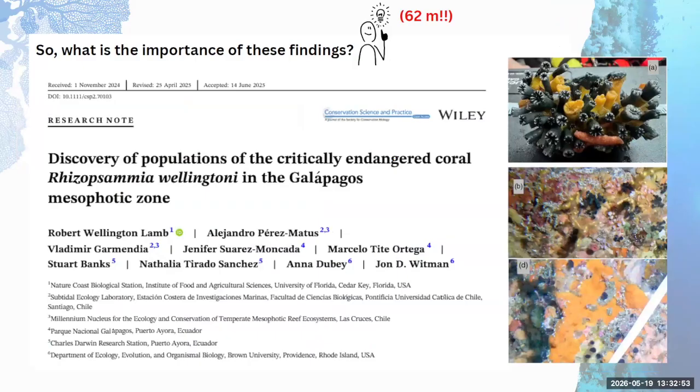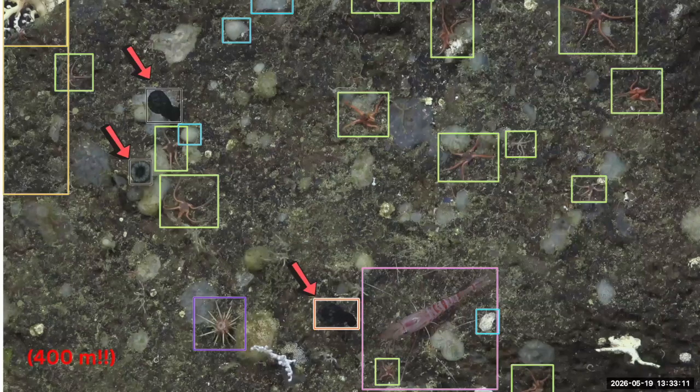Here, this is a very recent paper. They say that they rediscovered Rhizopsammia wellingtoni from the mesophotic zone, I think around 60 meters depth, and it was thought to be extinct, this coral species. We found a morphologically very similar morphospecies. But I'm not saying that this is the same exact species. This can be another Rhizopsammia species, but we don't know.